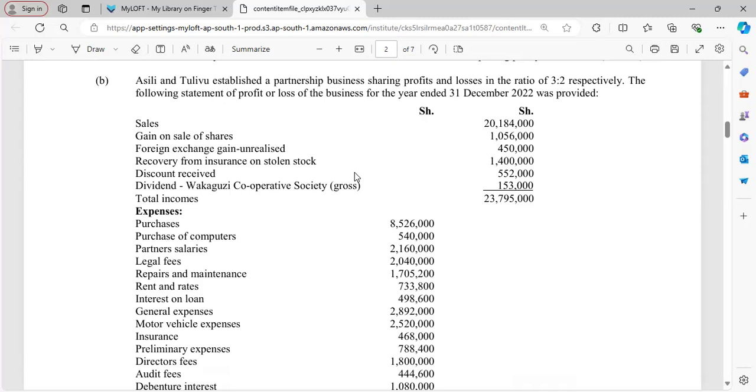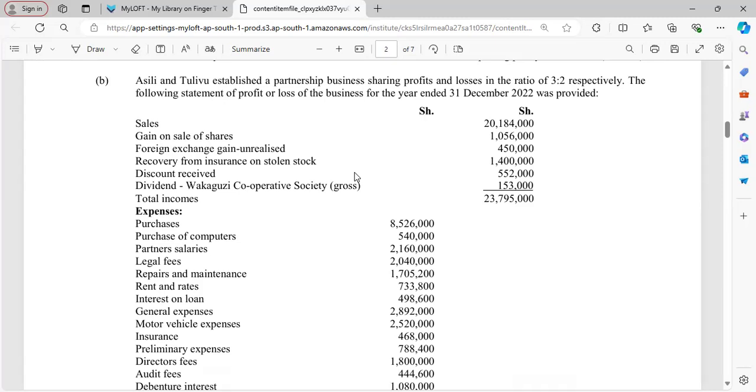Sales 20,084,000, then gain on the sale of shares, foreign exchange gain (unrealized), recovery from insurance on the stolen stock, discount received, dividend from Wakaguzi Cooperative Society, that was gross. Then we are given the total income.